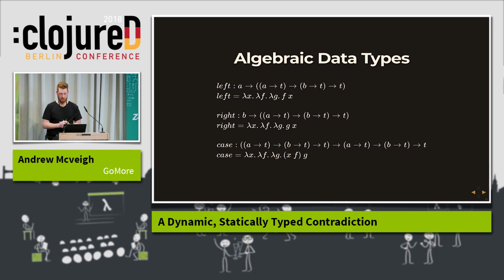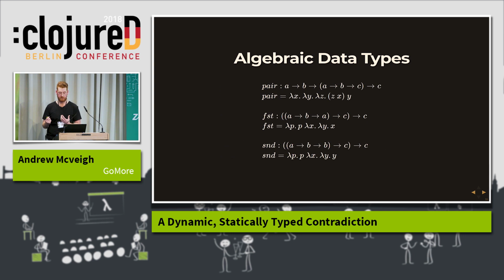So the thing that people talk about when they talk about Hindley-Milner-based languages is algebraic data types. And we can encode pairs and sum types in the simply typed lambda calculus itself. But without something to differentiate pairs from pairs and sums from other sums, it's impossible to tell the structure apart. In fact, they're the same.